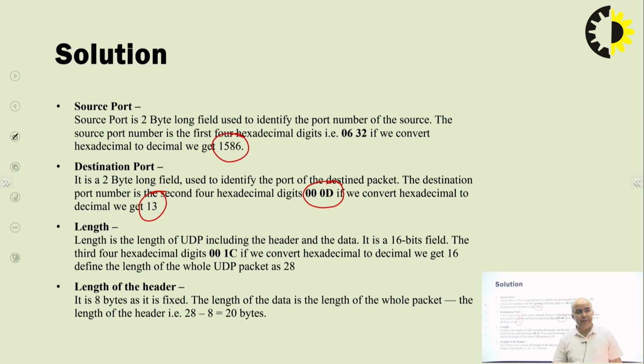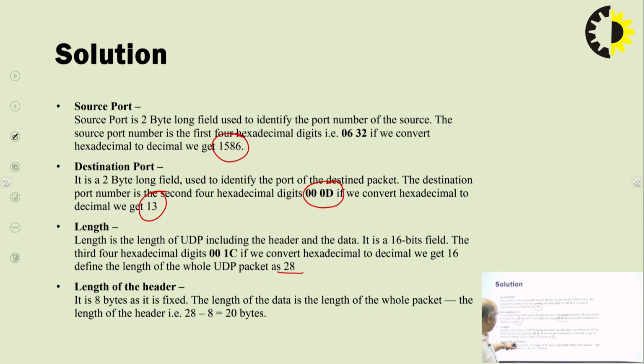As it is 16 bits, it will be 001C. If we convert this hexadecimal to decimal, we get 28. This defines the length of the whole packet as 28 bytes.